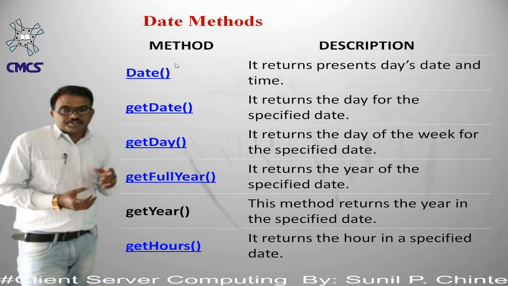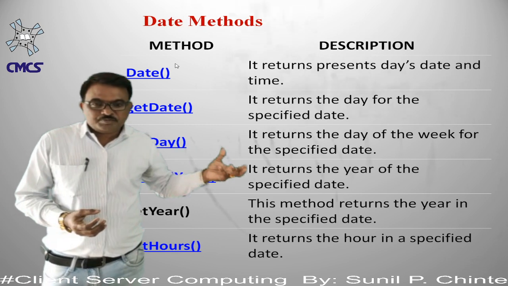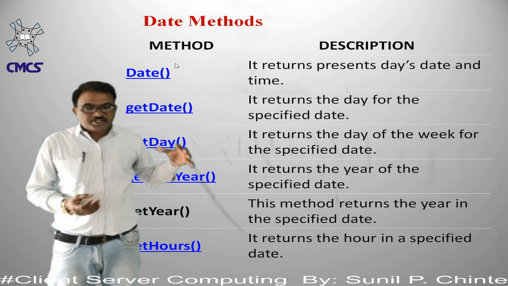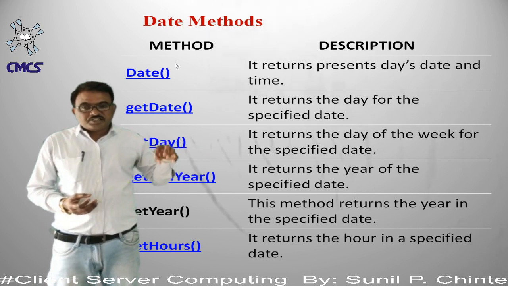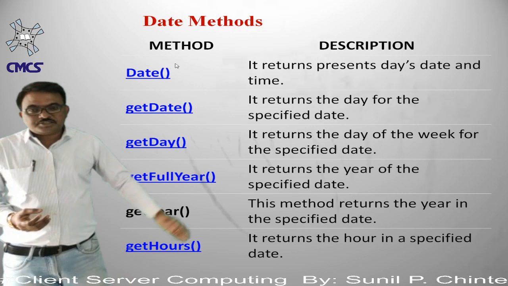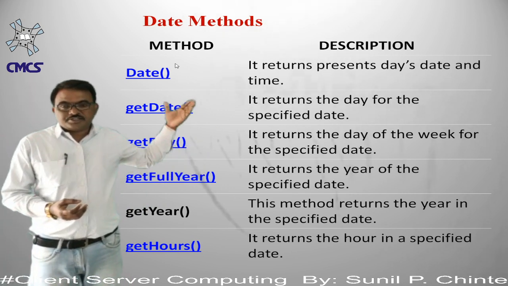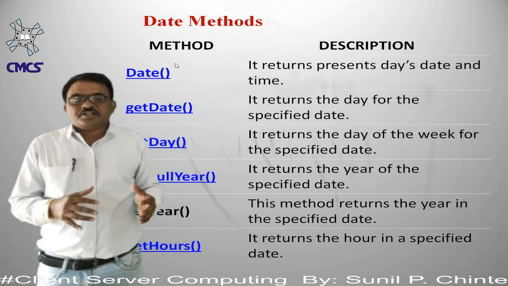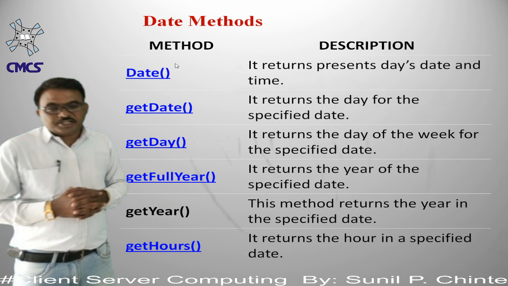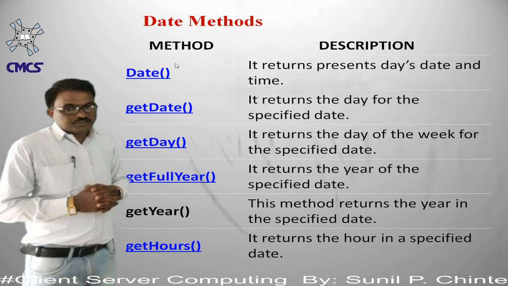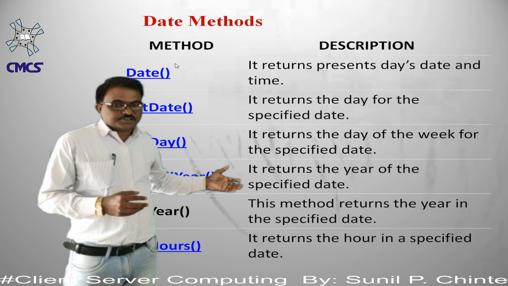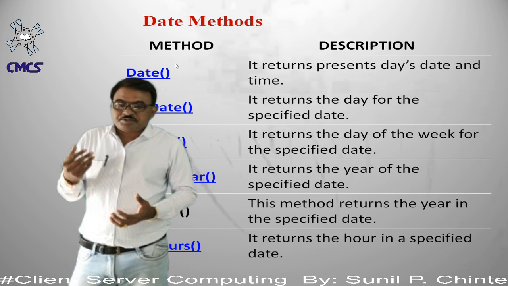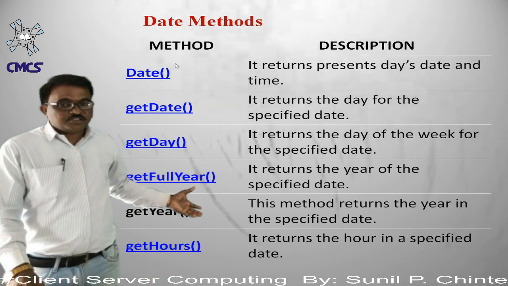Next is getFullYear. This method will return the year of the specified date. Similarly, getYear returns the year in a specified date. getHours returns the hour in a specified date.